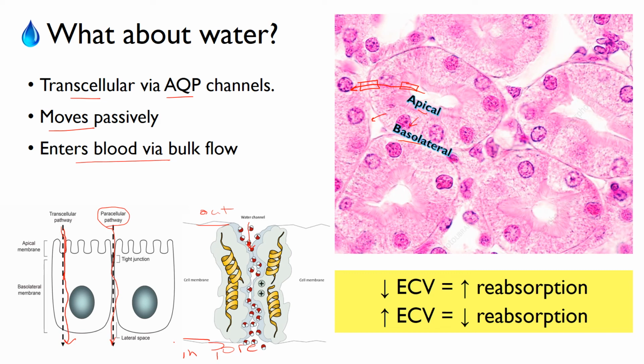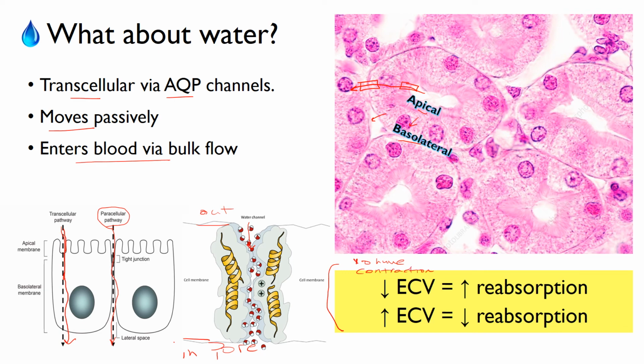Finally, over here in the bottom, I want to highlight an important physiologic concept, and this is in this yellow box down here on the bottom right. And that is when we are in a state of low effective circulating volume, and we could call that a volume contraction.